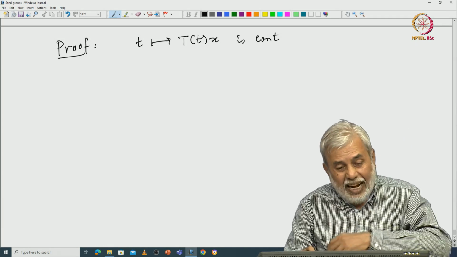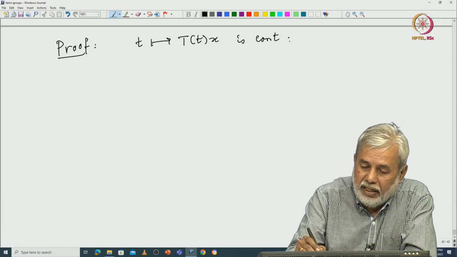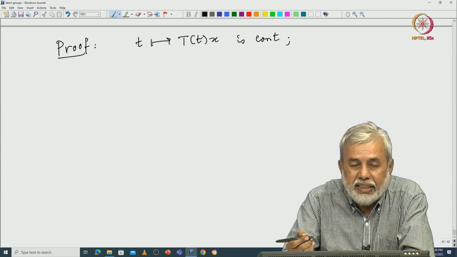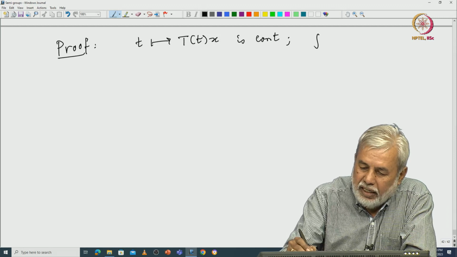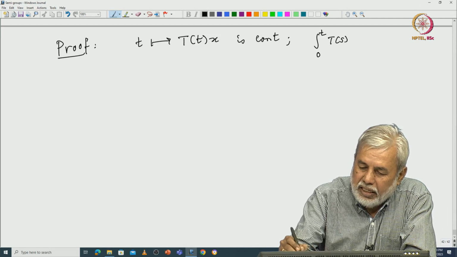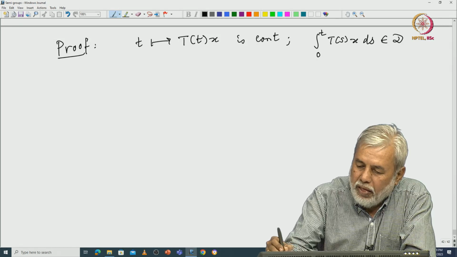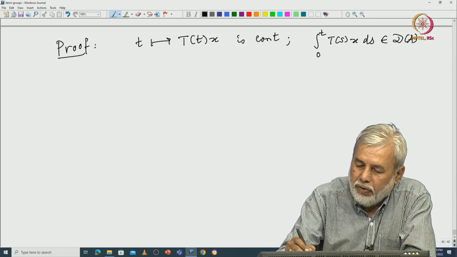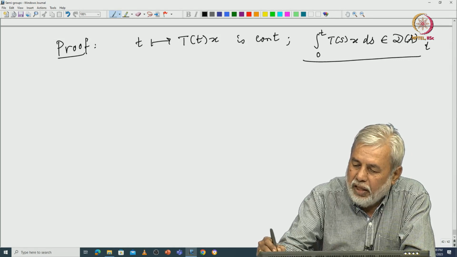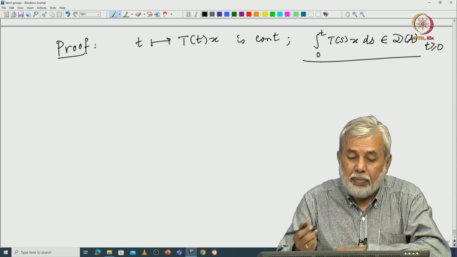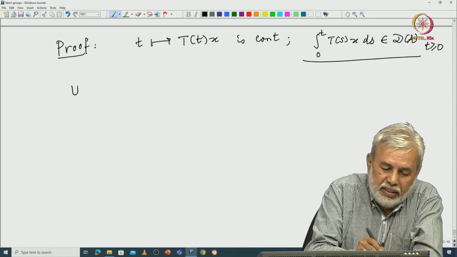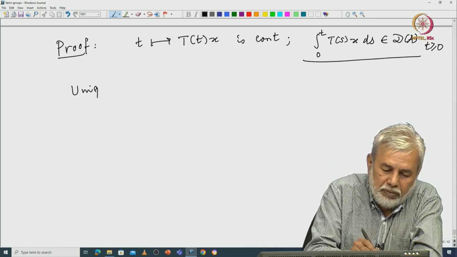And we have also seen that, that's how we proved that A is a densely defined closed operator, so this integral from 0 to t of T(s)x ds is in D(A). Okay, you put together these conditions, so that proves that u is a mild solution. So only uniqueness needs to be proved.